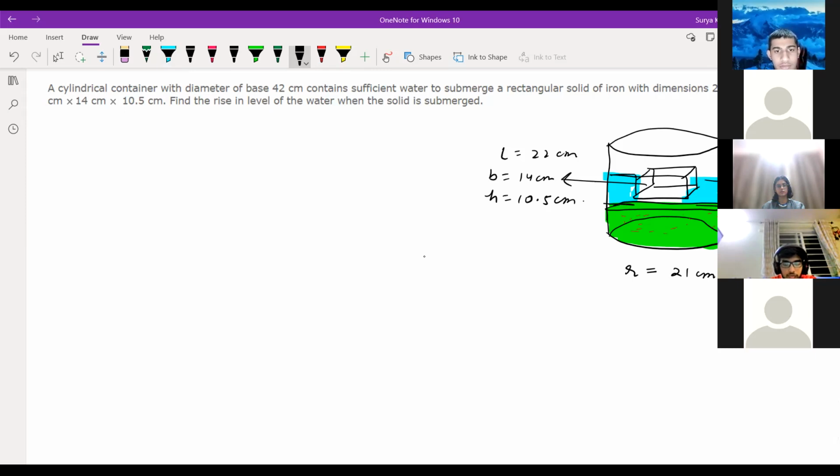It means that this blue volume is nothing but the volume of the solid. Try to understand here. If we are submerging this rectangular block inside this cylinder, the water is going to rise up, and this rise by how much? Blue color one. So we can write here.